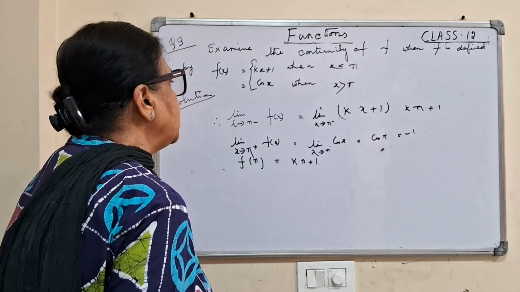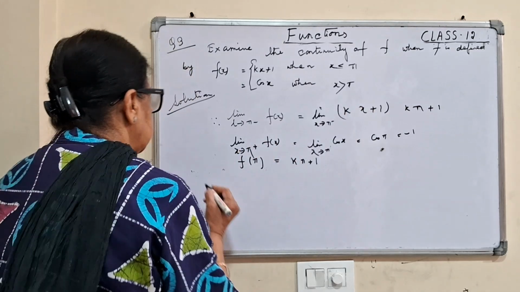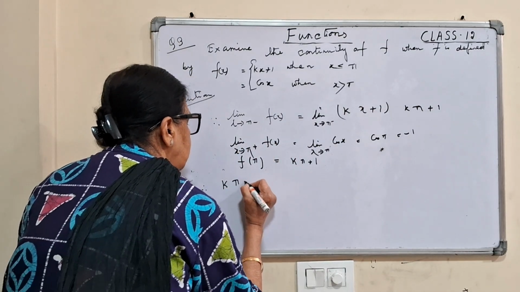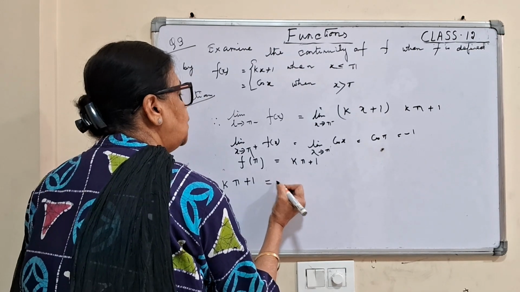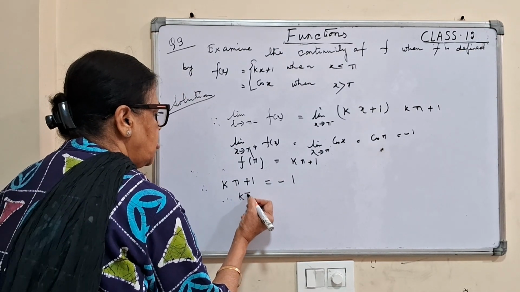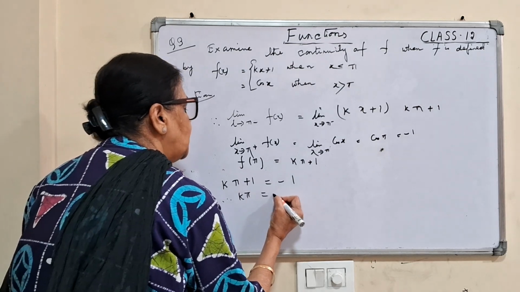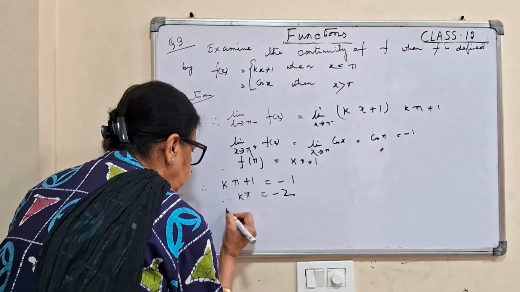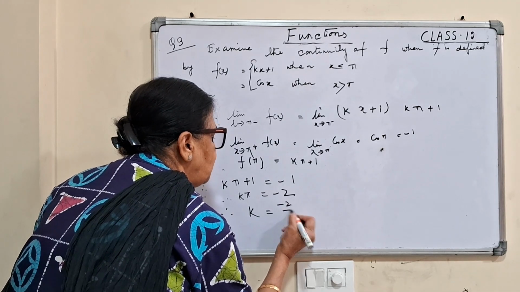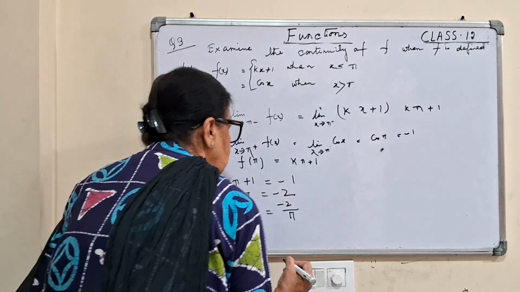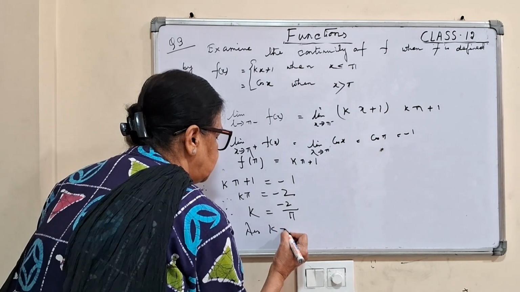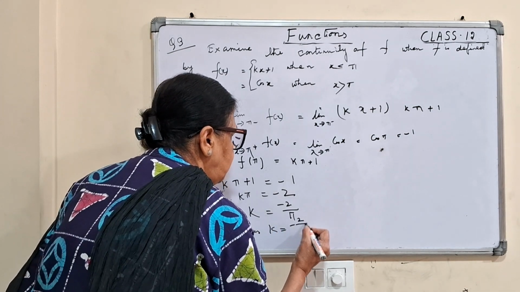It is the same thing we have got. Therefore, k pi plus 1 is equal to minus 1. Therefore, k pi is equal to minus 2. Therefore, k is equal to minus 2 by pi.